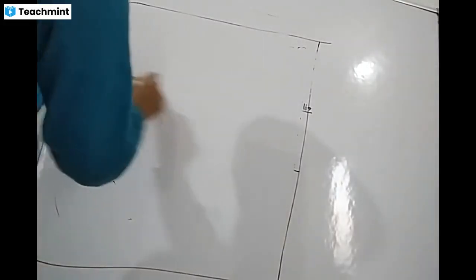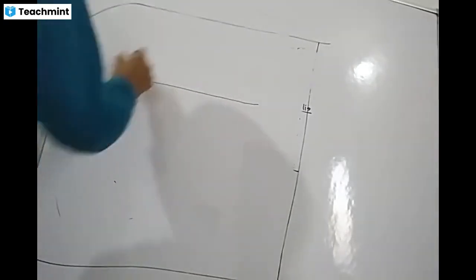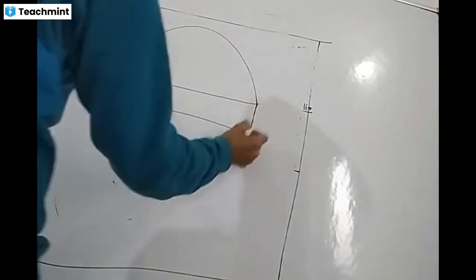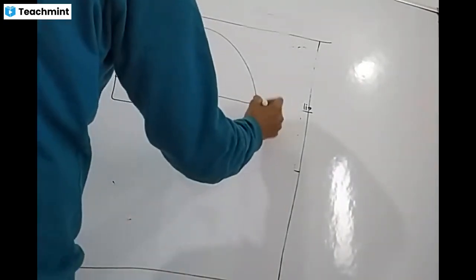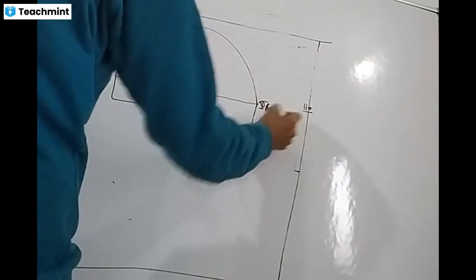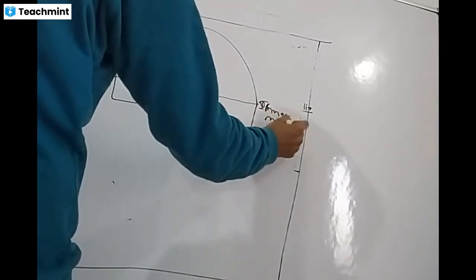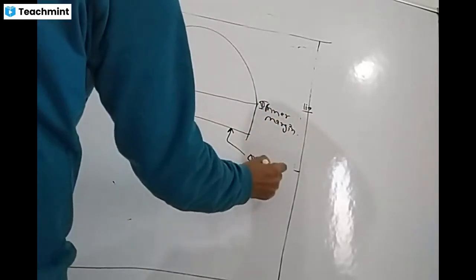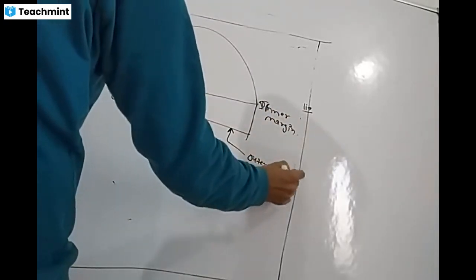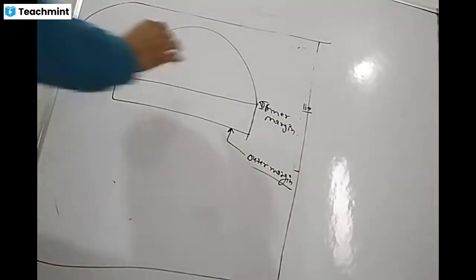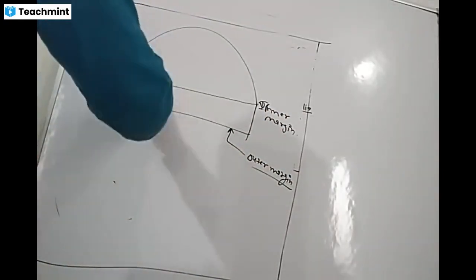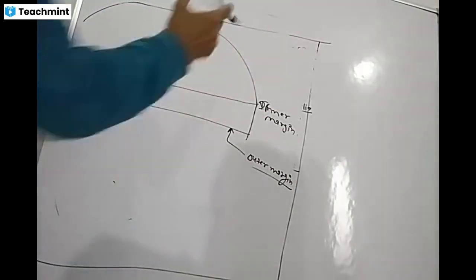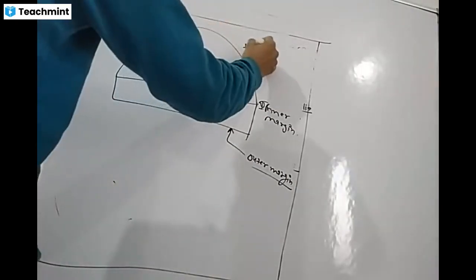So look at this structure. This is your eyelid. This is the inner margin, and this is the outer margin. This is the upper eyelid, and here the tarsal plate is present.